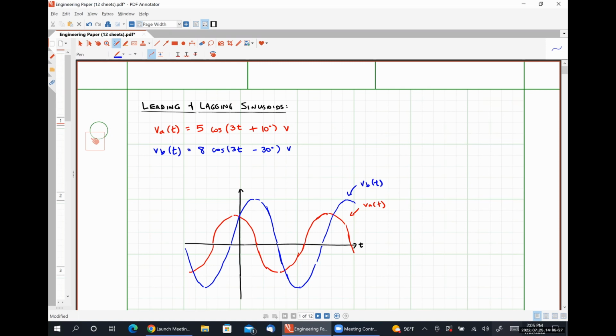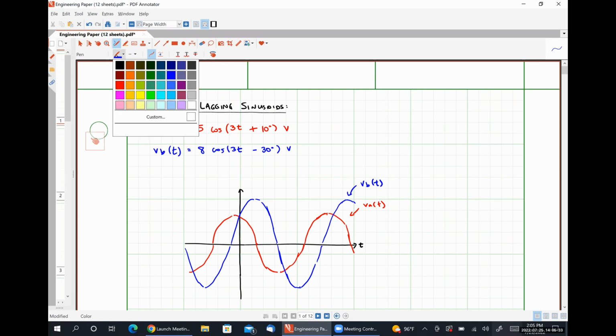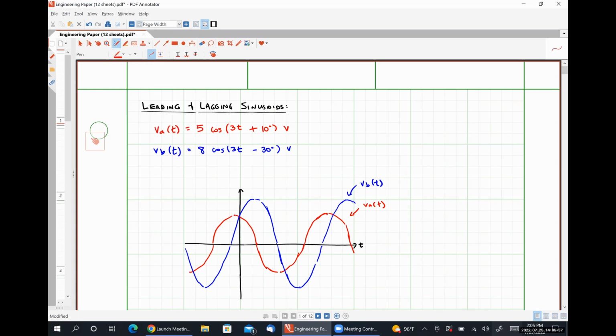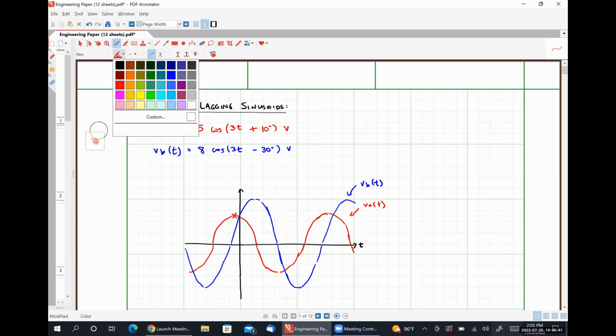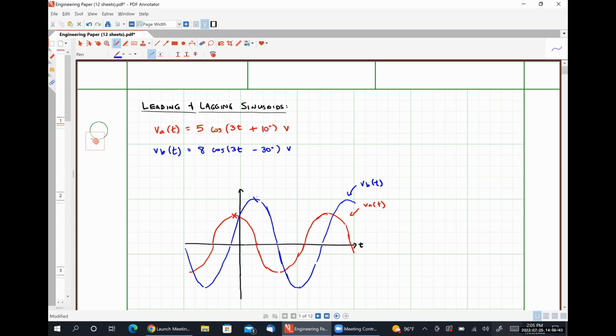So how we would compare these signals is we would look at the peaks that are closest to each other, okay? So for instance, we would be comparing this point to this point, okay?